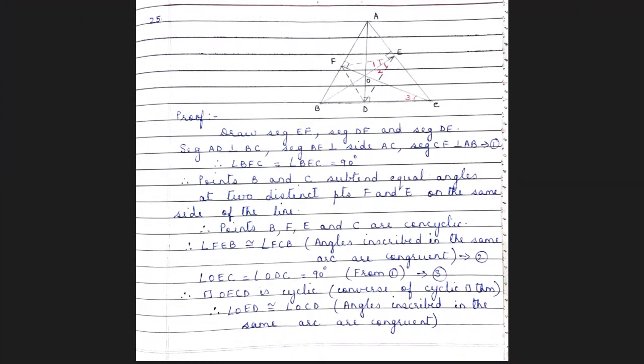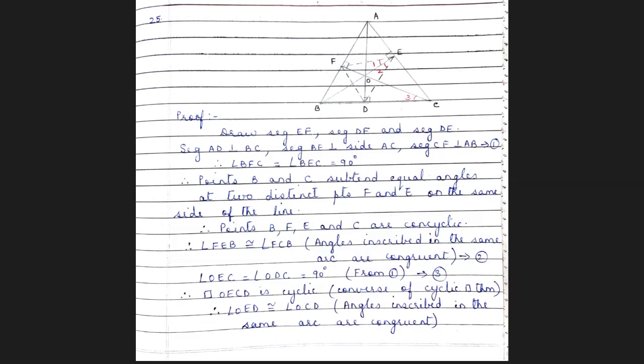Your question is to prove that O is also the incenter of triangle ABC. That means you have to prove that the angle bisectors also meet at this point. So CF is the angle bisector, BO is the angle bisector, AO is the angle bisector. You have to prove these are angle bisectors and they meet at the point O. So we'll see how to do this.